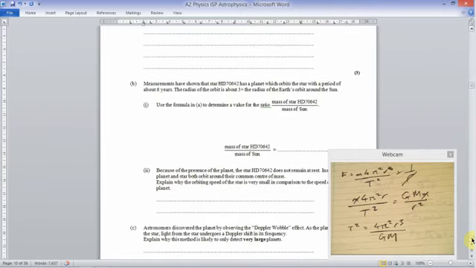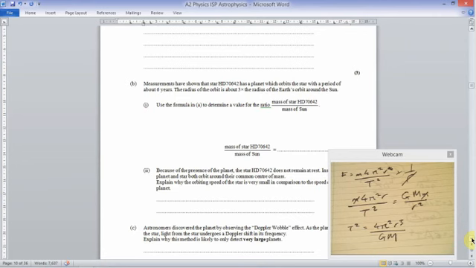So, measurements have shown that a planet orbits a star with a period of about 6 years, and the radius of the orbit is 3 times the radius of the Earth's orbit around the Sun. Use the formula to determine the value of the ratio of the mass of the star to the mass of the Sun. Okay, so now we can remove all the constants.